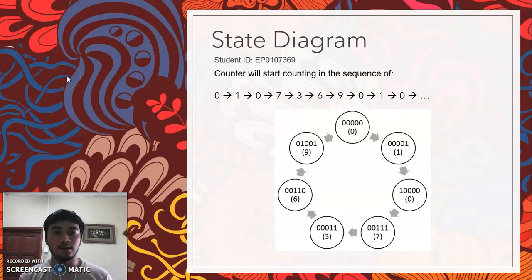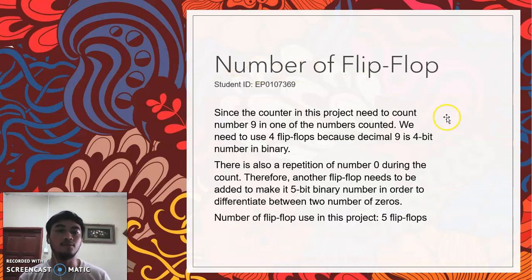That's why the number of flip-flops used in this project is 5 flip-flops. Basically, one flip-flop represents 1 bit of the binary number.